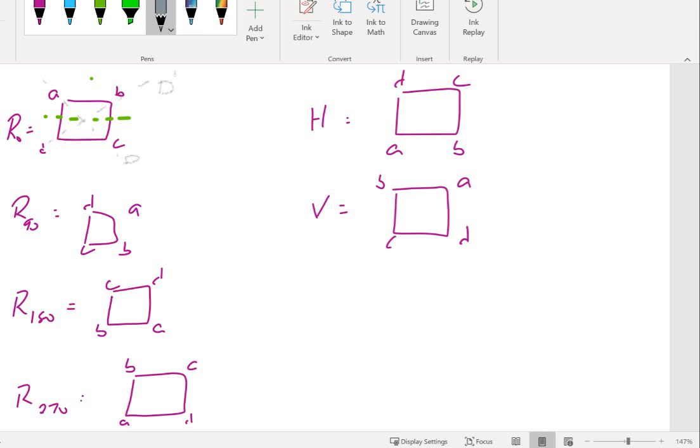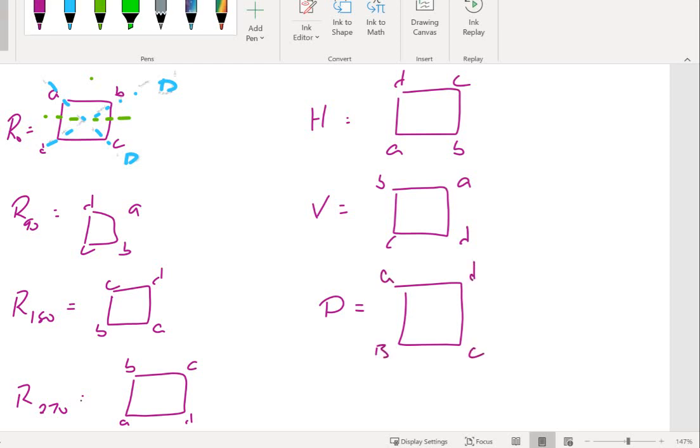Let's see. It's blue. So we're going to call flipping over that one D, flipping over that one D prime. All right, so those are all of the elements of the dihedral group.